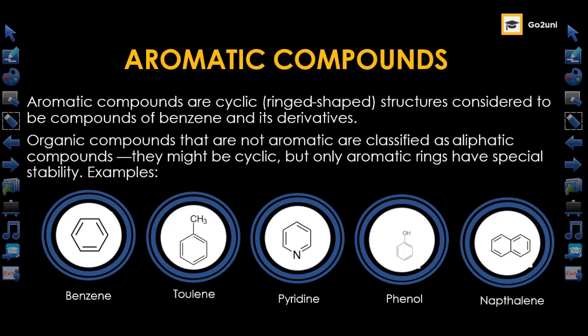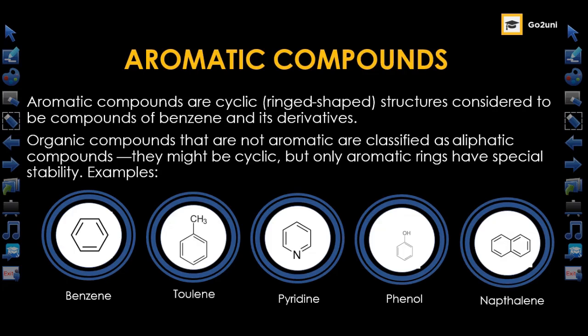Organic compounds that are not aromatic are classified as aliphatic. That is to say, they are not ring-shaped. They are open-chain compounds, not ring-shaped like benzene. That does not mean we may not have circular aliphatic compounds.